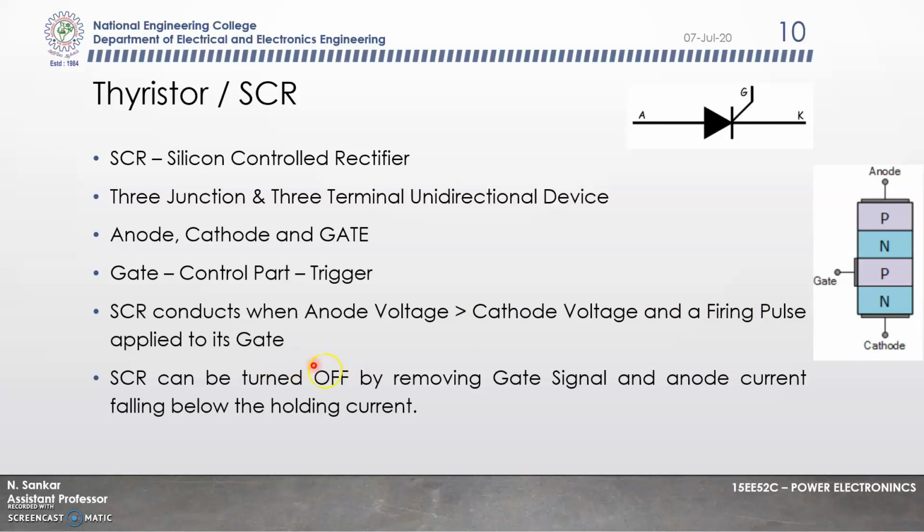The SCR gets turned off when you remove the gate signal and the anode current becomes negative or falls below the holding current. Holding current is the current value below which your SCR will turn off. The current which makes the SCR turn on is called the latching current.